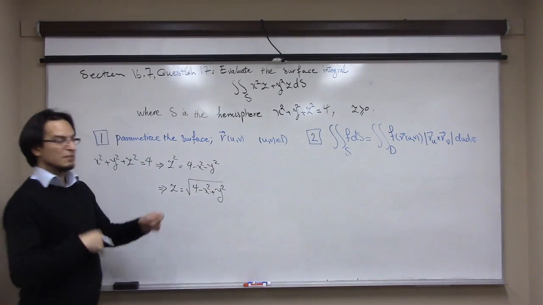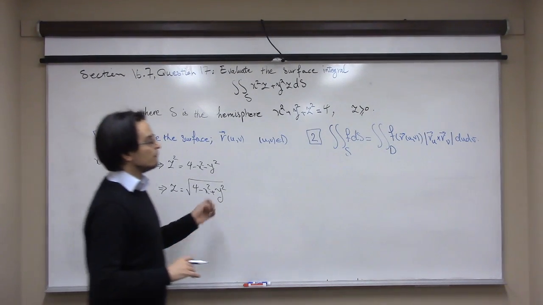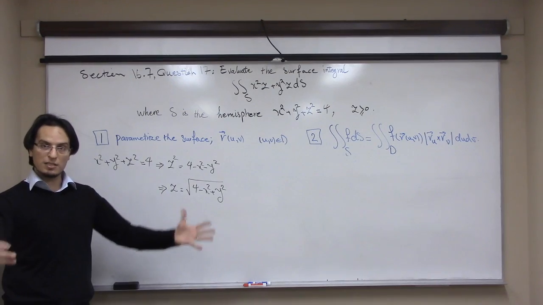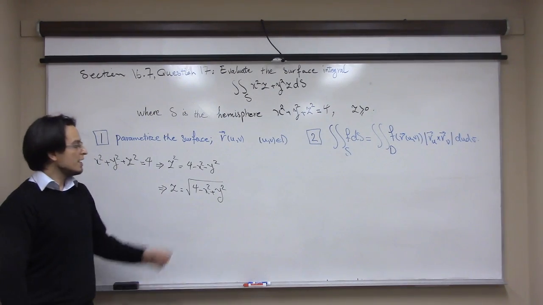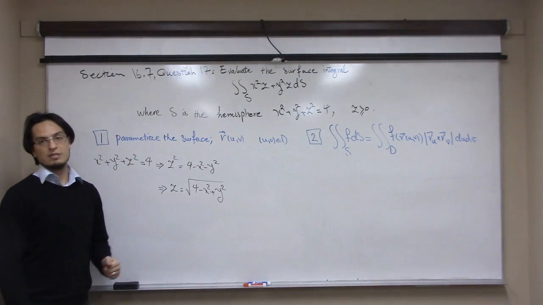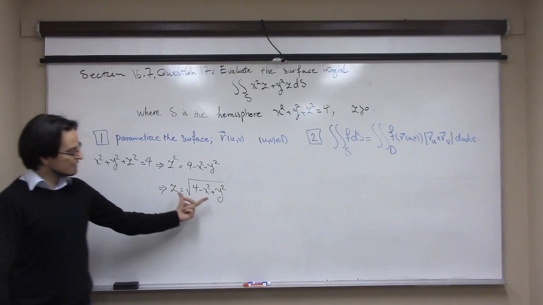But note that when I'm taking a square root, I can put either plus or minus. If I put plus, I will get the upper hemisphere. If I put minus, I'll get the lower hemisphere. Here, since I have z positive, I will stick with the positive one. Okay, so that's the graph.